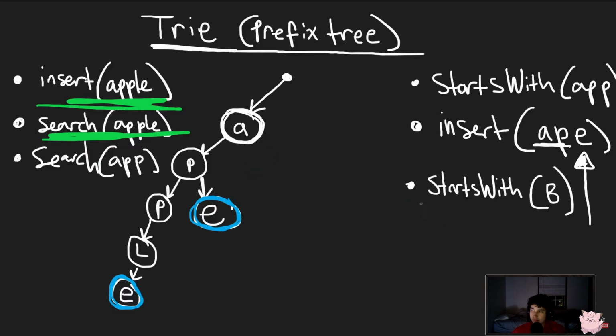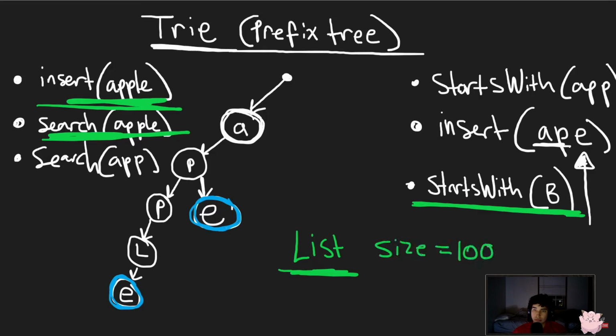Now, let me just show you one last thing before we jump into the code. So we're going to do one last function. We want to check, does any word start with B? And I'm just illustrating why we're even implementing a trie in the first place. It's because the starts with function is very efficient compared to other data structures. So for example, let's say we had a list of words, a list of strings, and let's say the size of that list was equal to 1,000,000, right?